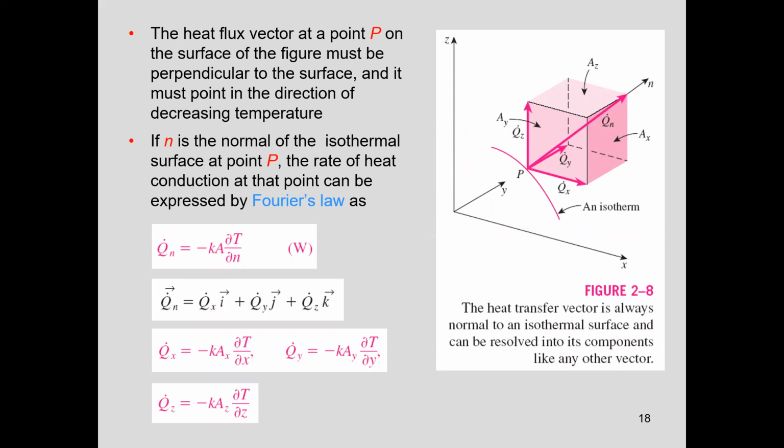The heat flux vector at a point P on a surface of a figure must be perpendicular to the surface, and it must point in the direction of decreasing temperature.